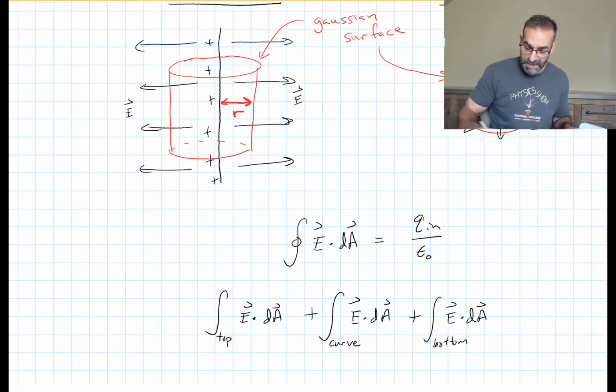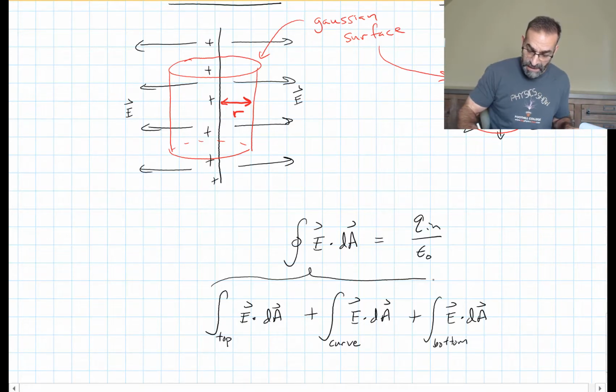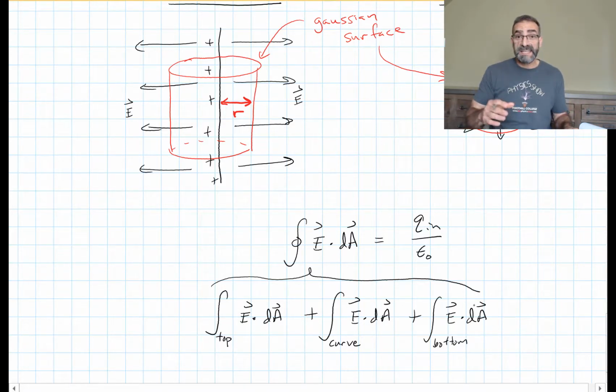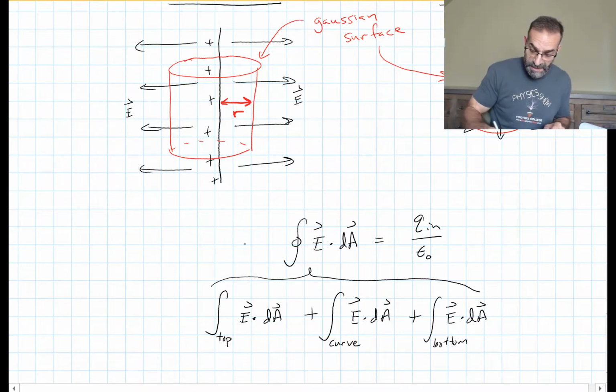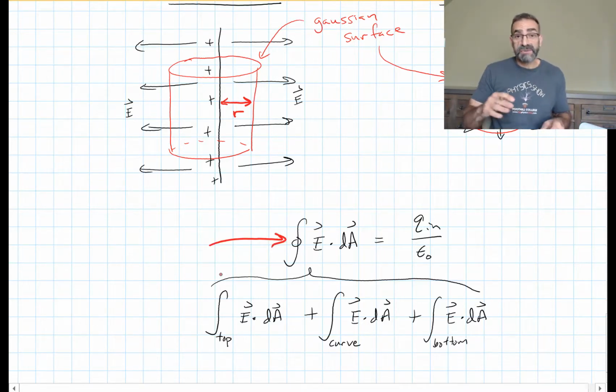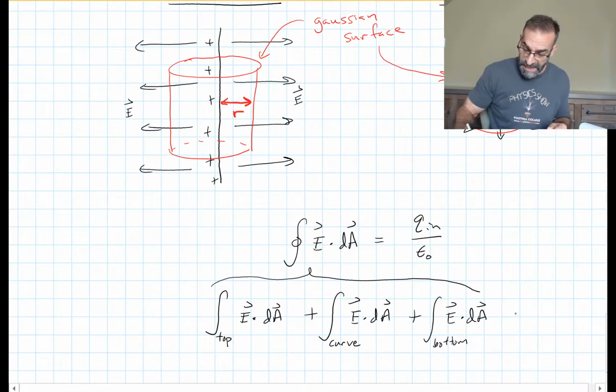And all 3 of those together make up the integral of E dot dA over the closed surface. That's what that little circle there means: the integral over the entire closed surface. And this has to equal the charge inside over epsilon naught.